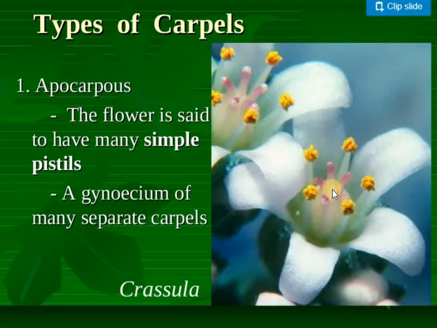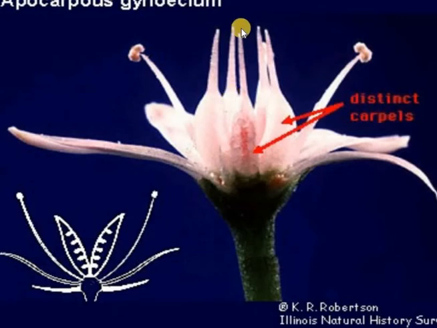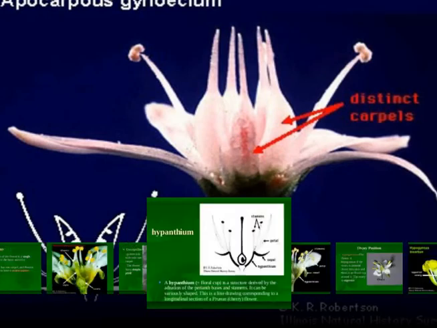If a plant has many carpels which are free, not united, in this diagram you can see 1, 2, 3, 4, 5 carpels. These 5 carpels are not united. Such a condition is called apocarpous condition, where carpels are free.